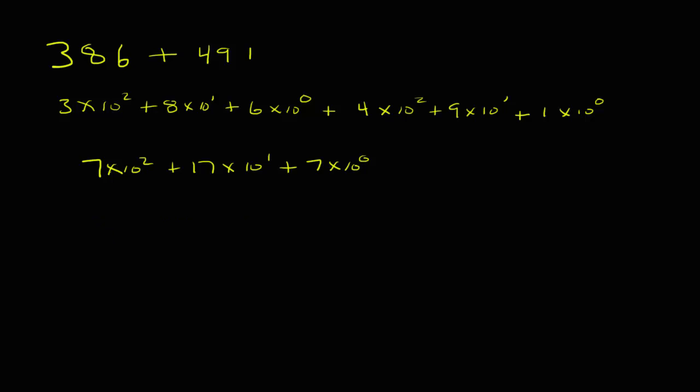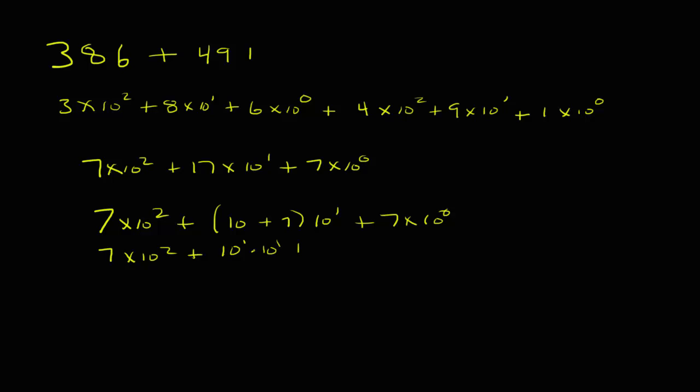So what's really going on here? Well, we've got 7 times 10 squared plus 10 plus 7 times 10 to the first plus 7 times 10 to the 0. We're going to distribute our 10 to the first in. We get 7 times 10 squared plus 10 to the first times 10 to the first plus 7 times 10 to the first plus 7 times 10 to the 0.